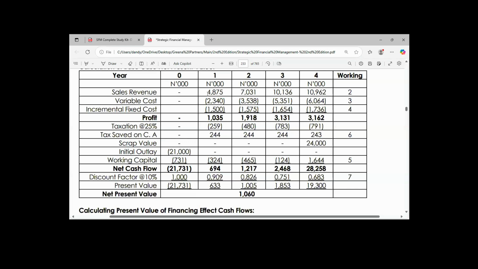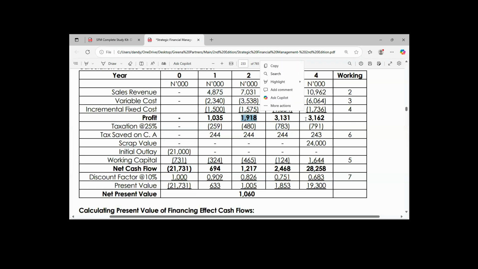All right. So of course, the sales value minus variable cost minus the fixed cost will give us profit of 1035. Do the same thing for the second year: 7031 minus 3538 minus 1575 will give us 1918.